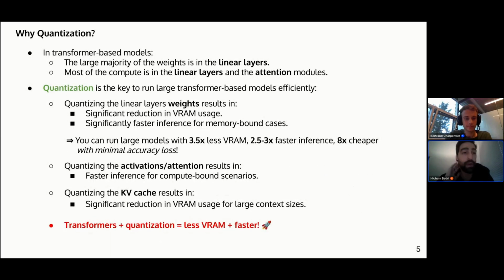I suppose everyone is familiar with quantization, especially for deploying LLMs. In transformer-based models, quantization is used at many levels. You can quantize the linear layers, you can quantize the attention modules, you can quantize the KV cache, and you need different types of quantization for different applications.